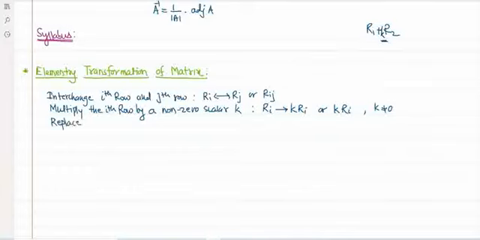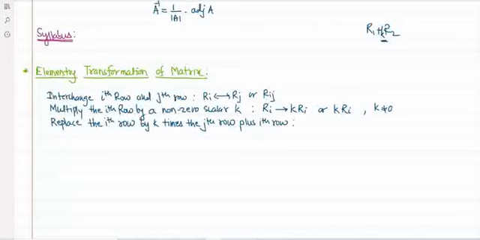Replace the ith row by k times the jth row plus the ith row.